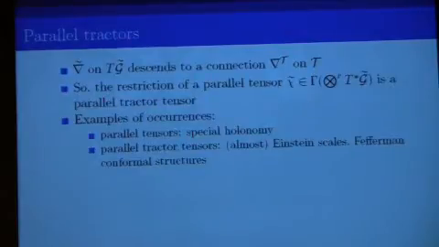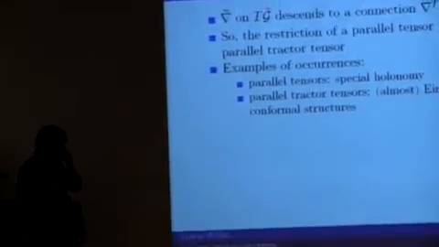Parallel tensors, at least from my point of view, are most interesting because they're associated with special holonomy types. Robin said a little bit of that, and I'll say a little bit more, depending on time constraints. And parallel tractor tensors have various uses. You can define the tractor connection in terms of Einstein scales.